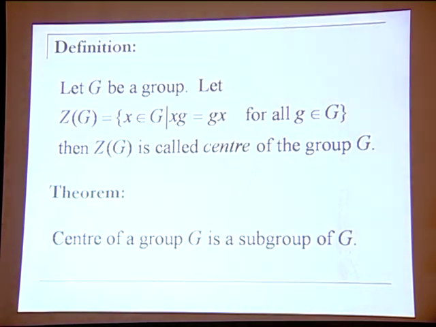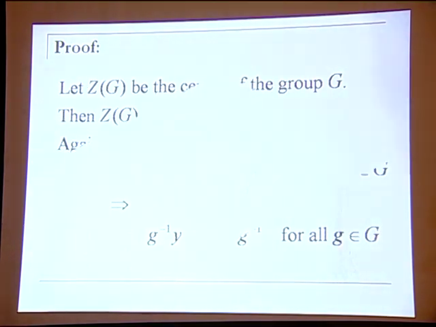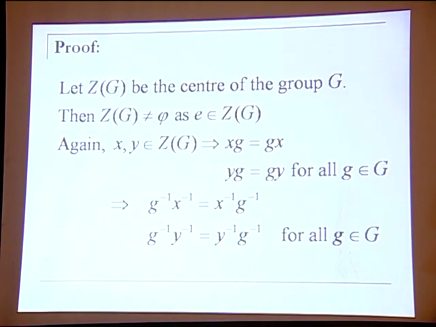Taking up the theorem: the center of a group G is a subgroup of G. Z(G) is always a subgroup of G. So we will prove that Z(G) is a group. Let Z(G) be the center of the group. Then Z is not equal to phi, because there always exists an element, and e belongs to Z(G).